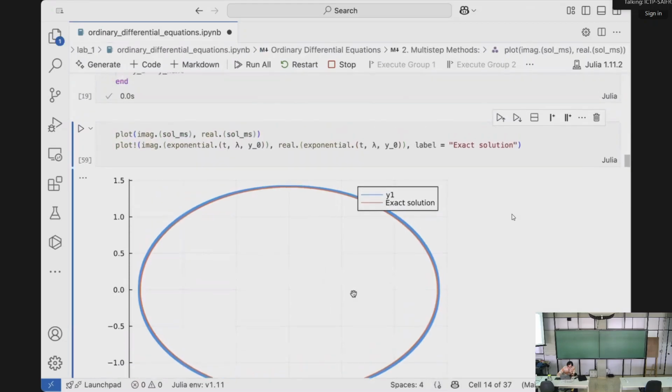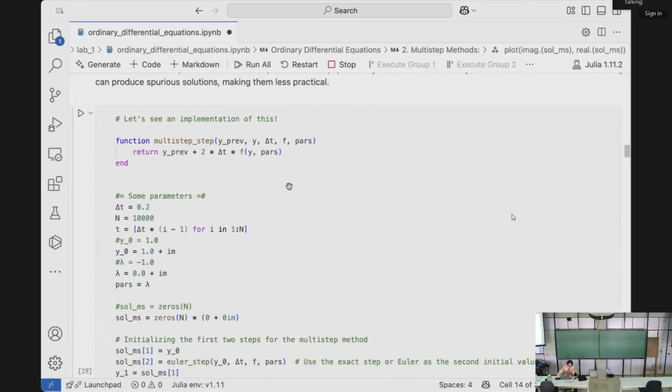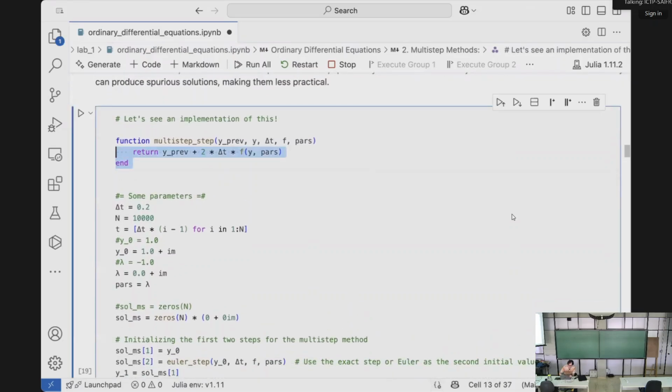So in this case, I am defining how a multi-step works, right? This is one single step, and I need the solution in the previous step, y previous, I need the current step. This is what I am returning here.